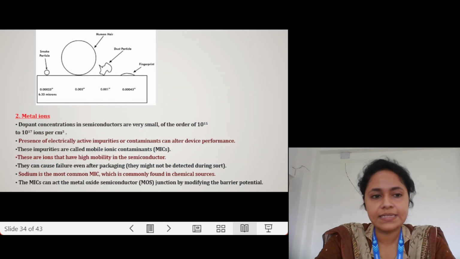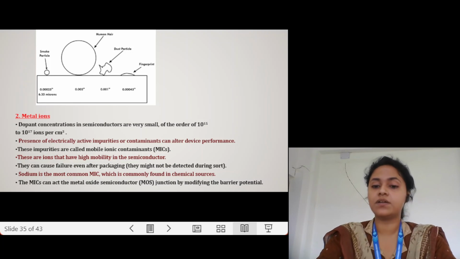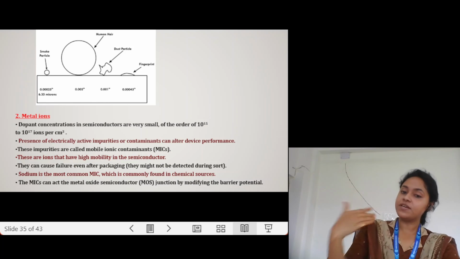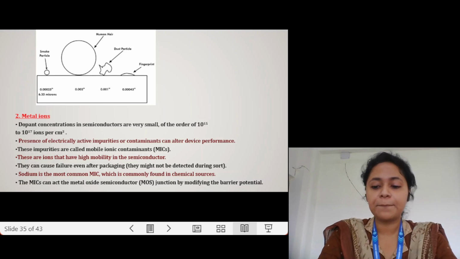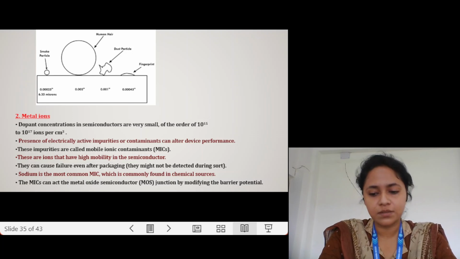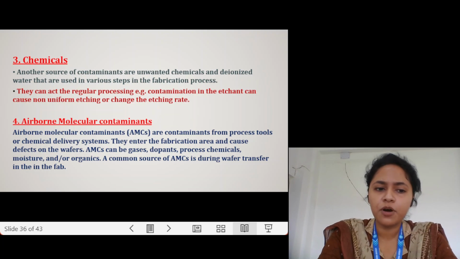The first one is particles. The second one is metal ions. There may be different types of metal ions that you will get from the previous fabrication process or previous steps, and those will also hamper the device fabrication. Next, the chemicals and the airborne contaminants.